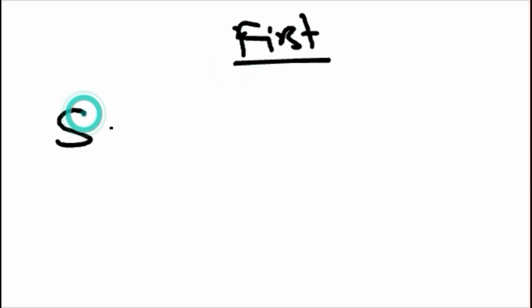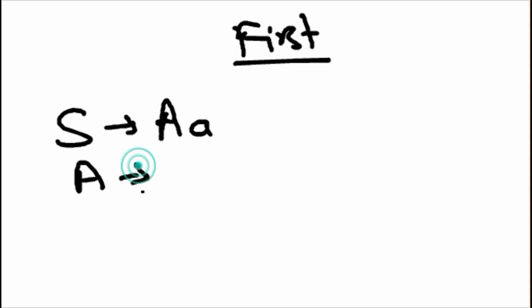Now let's take a different example for first. Suppose S derives capital A, small a. Now in this case, you will be given another grammar where it shows A derives something like small b.